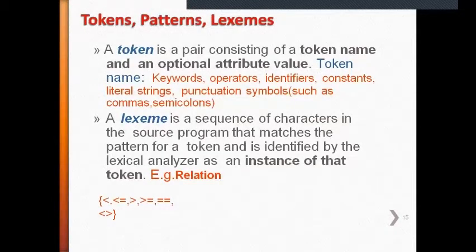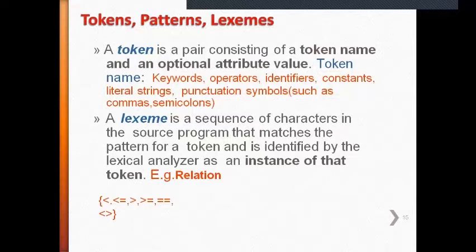Next, when we are studying the lexical analyzer, we must know the definitions of tokens, patterns, and lexemes. A token is a pair which consists of a token name and an optional attribute value. For example, keywords, operators, identifiers, and constants are all tokens. A lexeme is a sequence of characters in the source program that matches the pattern of a token.